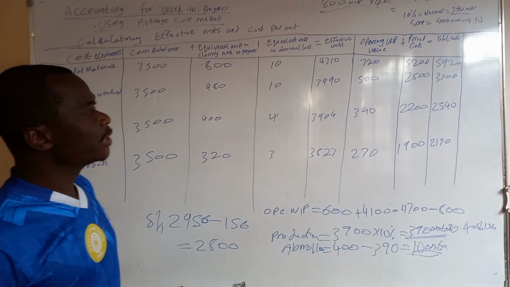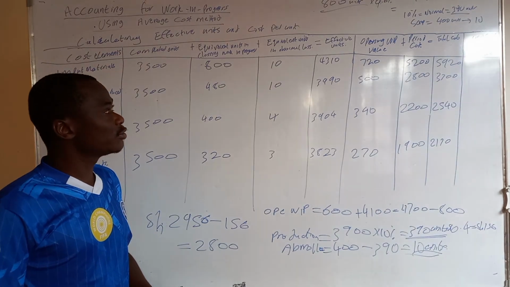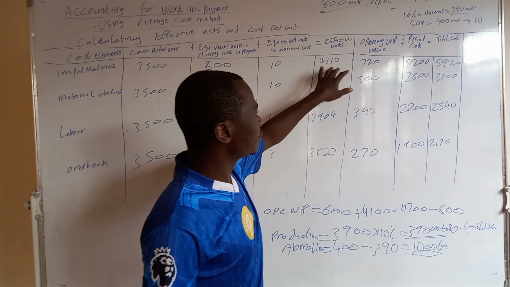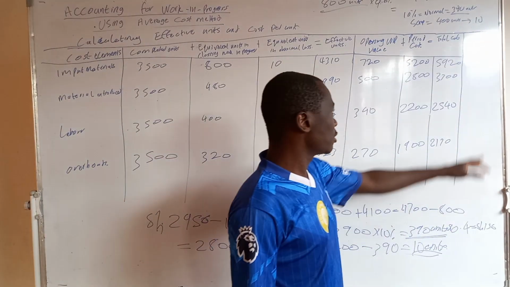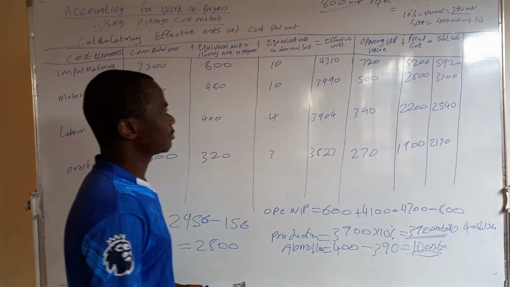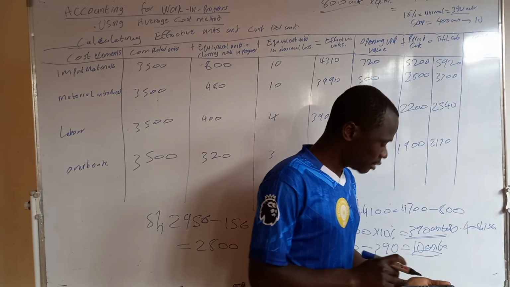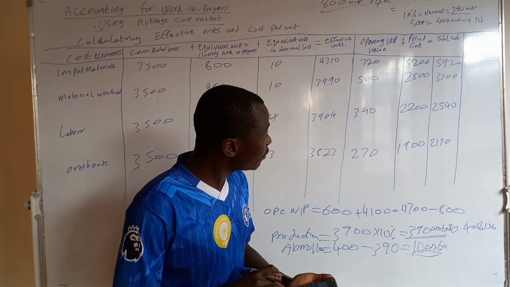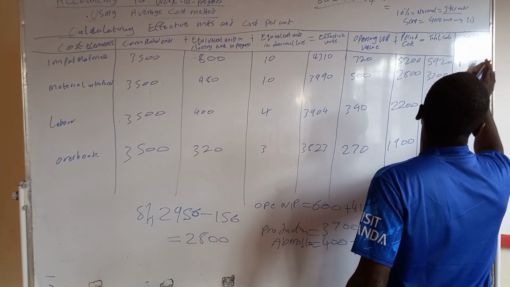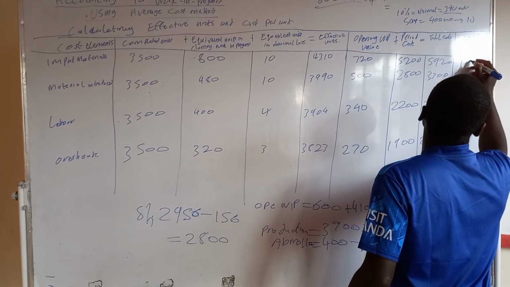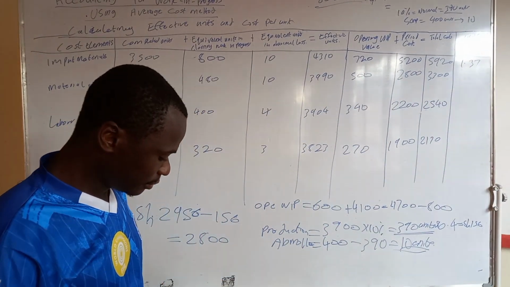Now we want to find the cost of this equivalent unit. We had 410 input materials. What was the rate of input materials? That's the unit cost we are getting. It will be the total cost divided by the units, which gives 1.37.